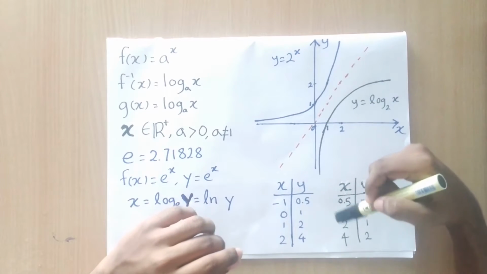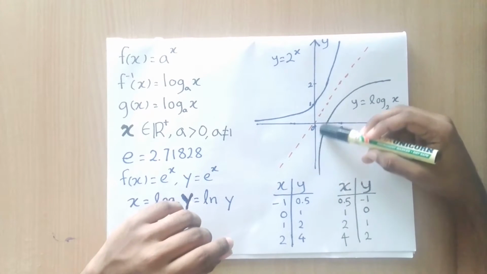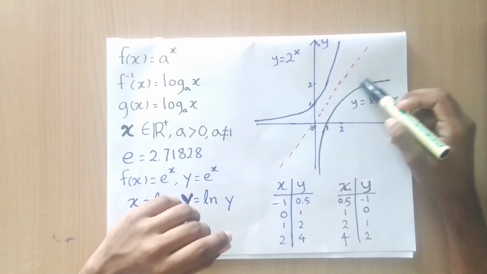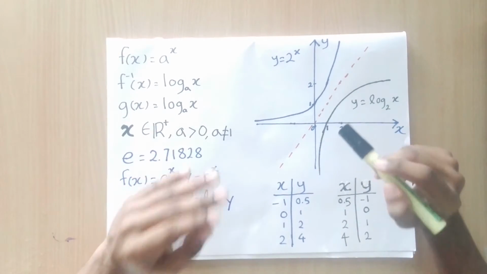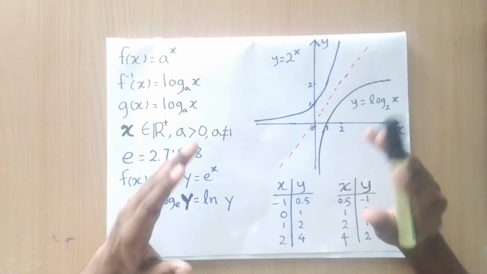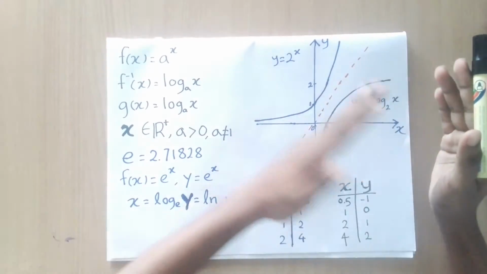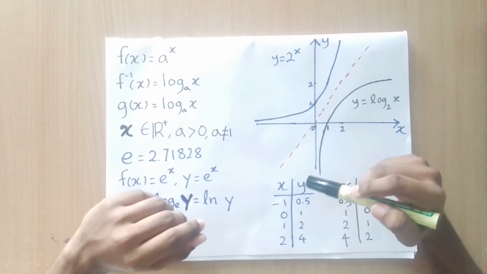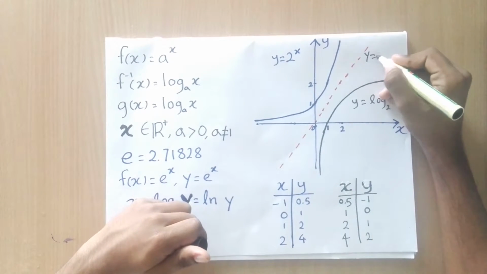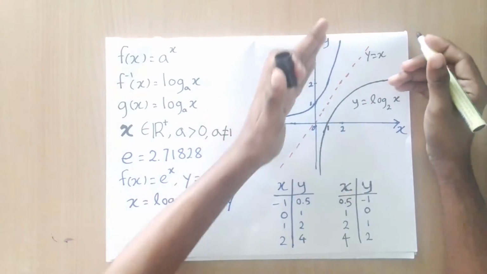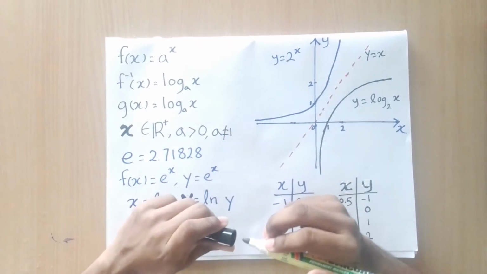Now when we sketch this on a graph, this is the graph that we obtain for the logarithmic function. We can see that the logarithmic function is in fact a reflection of the exponential function about the axis y equals x. This is the axis and this is the reflection.